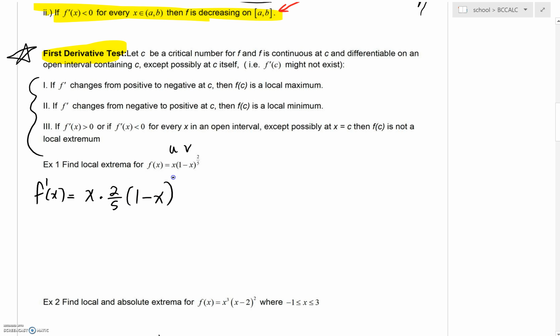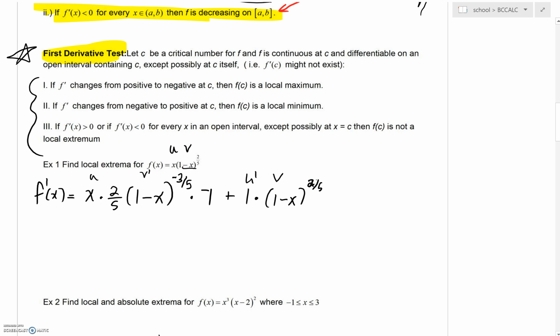Subtract a 1 from your exponent, you'll have negative 3/5, but don't forget the chain rule, the derivative of the inside, the derivative of 1 minus x is simply negative 1. So here's your u, and then here's your v prime. Then we'll have u prime, well, the derivative of x is simply a 1, and then we'll have v, which is 1 minus x to the 2/5.